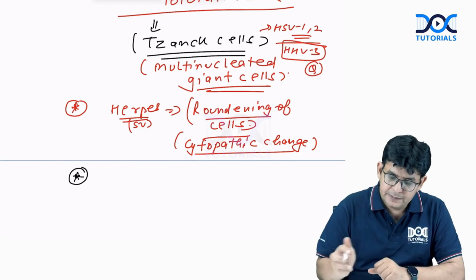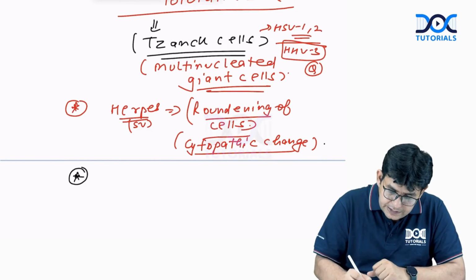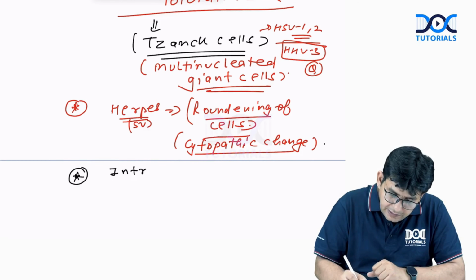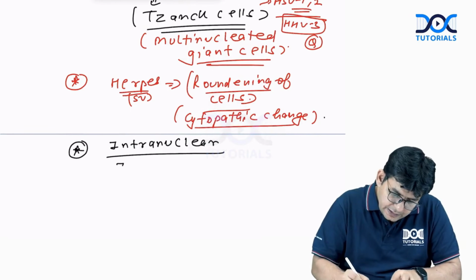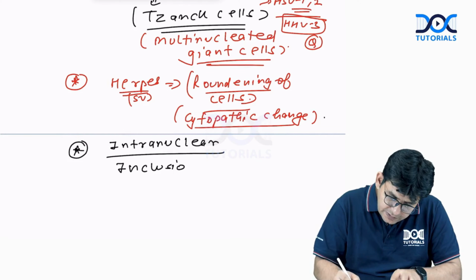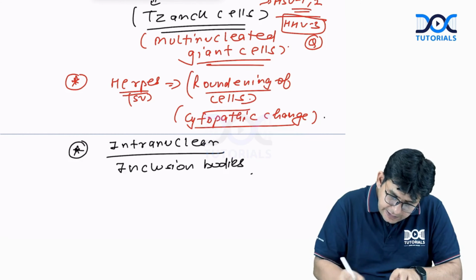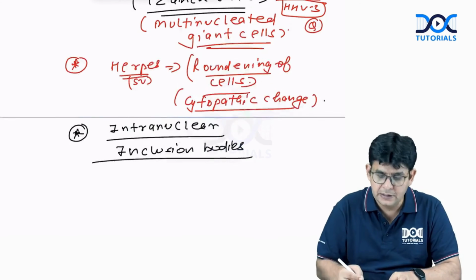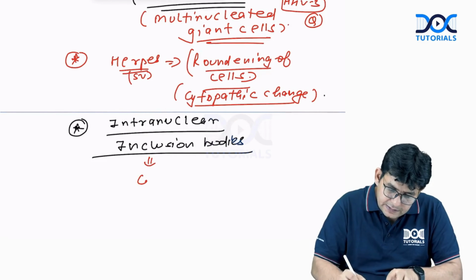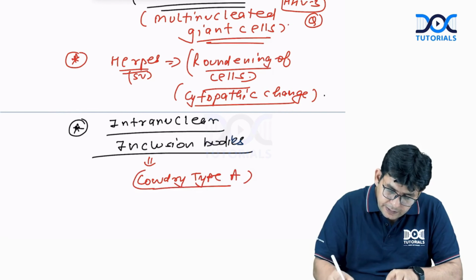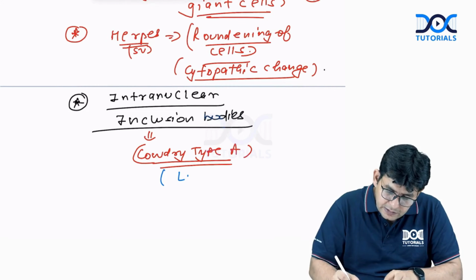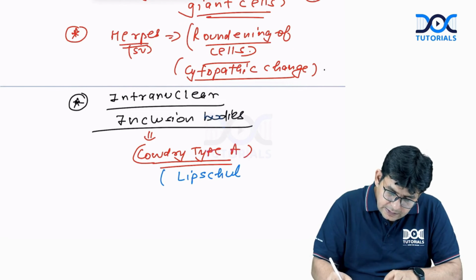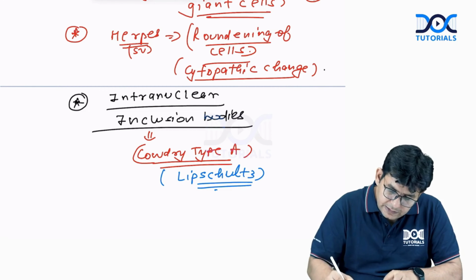Other than that, what else? Importantly, intranuclear inclusion bodies are also observed from the lesions, and the name of that is Cowdry type A. That Cowdry type A is also termed Lipschütz inclusion body.